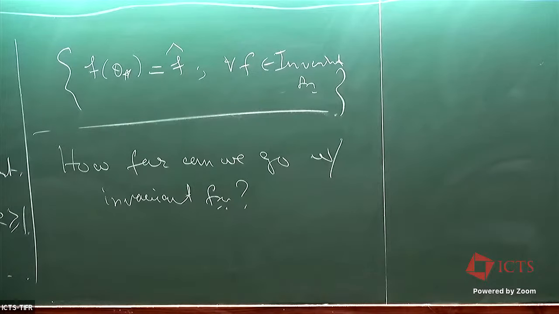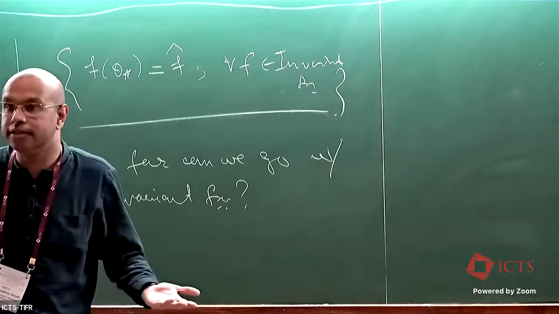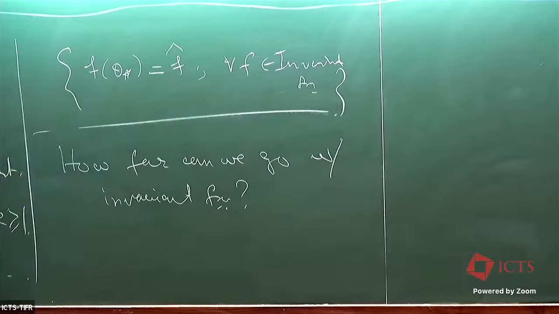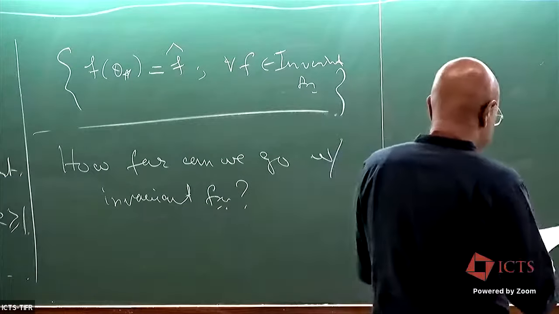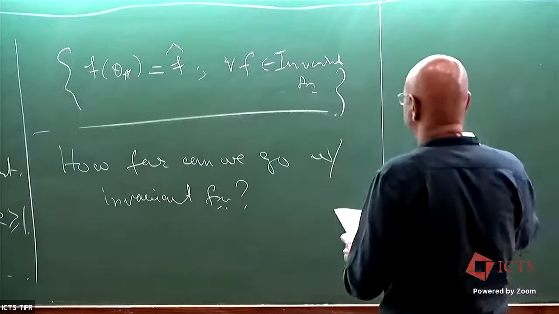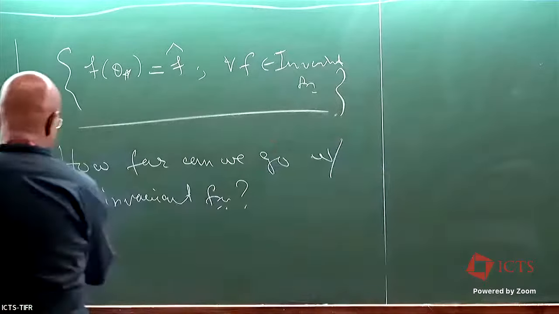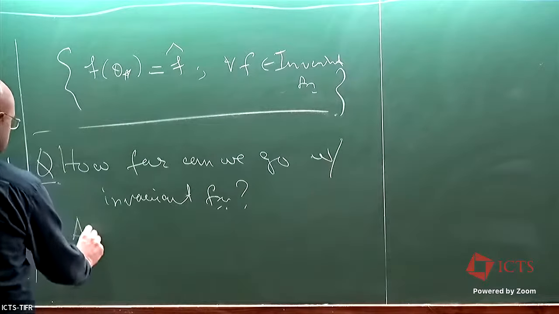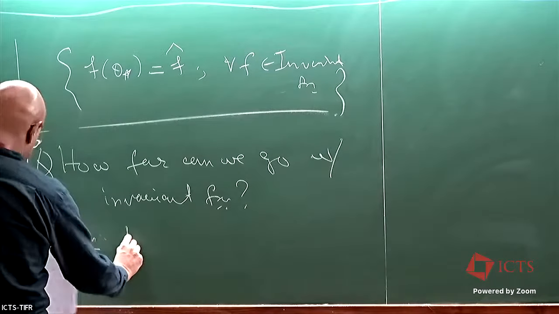Because if that is not true, then the approach of trying to understand only invariant functions is not going to work, because there is no identifiability. And the answer to this question, as we briefly alluded to the previous day, is yes. The answer is all the way.